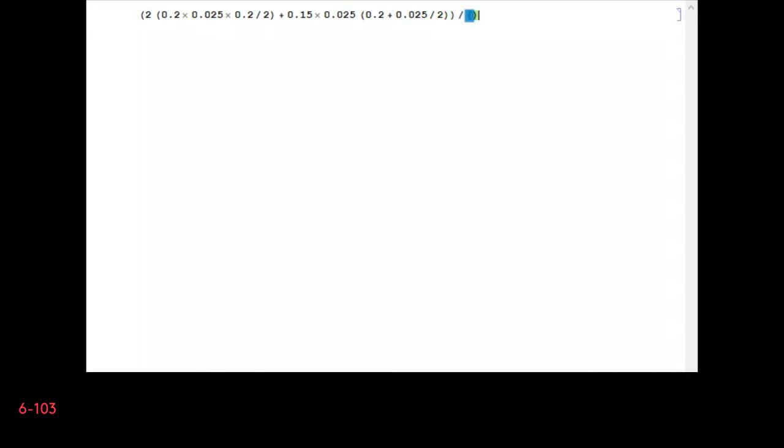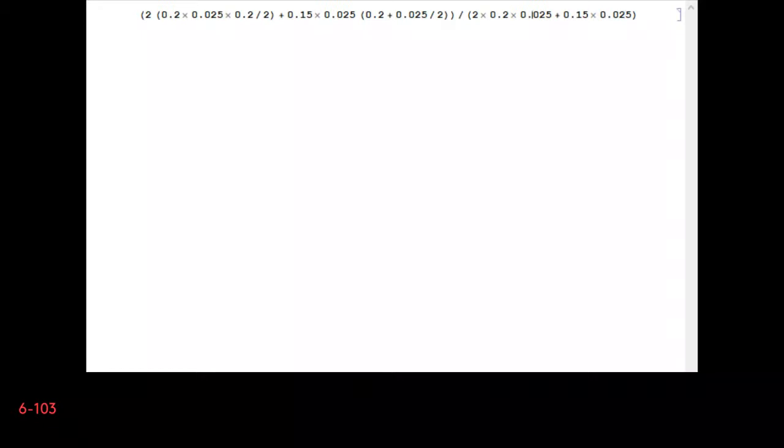And then I will calculate the total area. This is 2 multiplied by 0.2 multiplied by 0.025 plus 0.15 multiplied by 0.025.